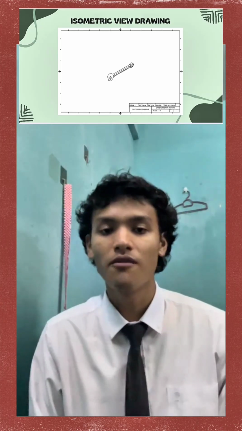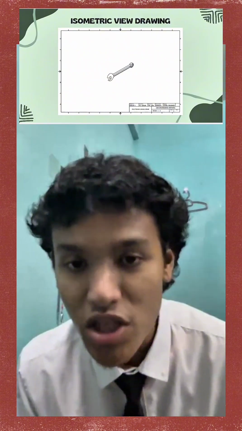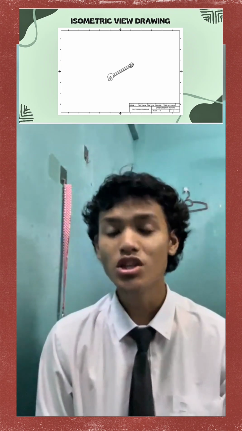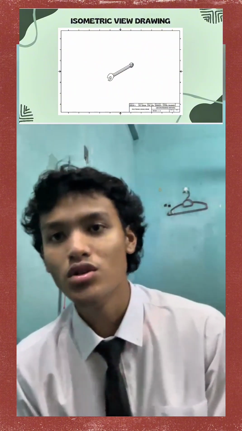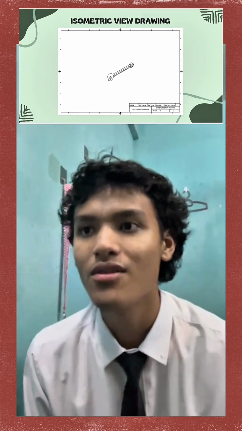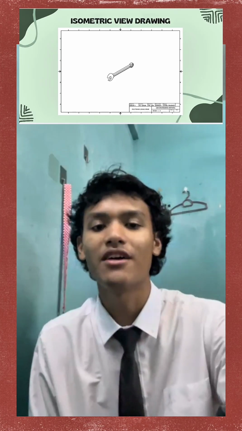Okay, now this is the isometric projection view. The third picture is the isometric projection drawing. This drawing presents the wrench in a 3D-like view. It combines height, width, length, and depth in one illusion. Unlike the orthographic projection, the isometric view helps the viewer understand what the object actually looks like in real life.